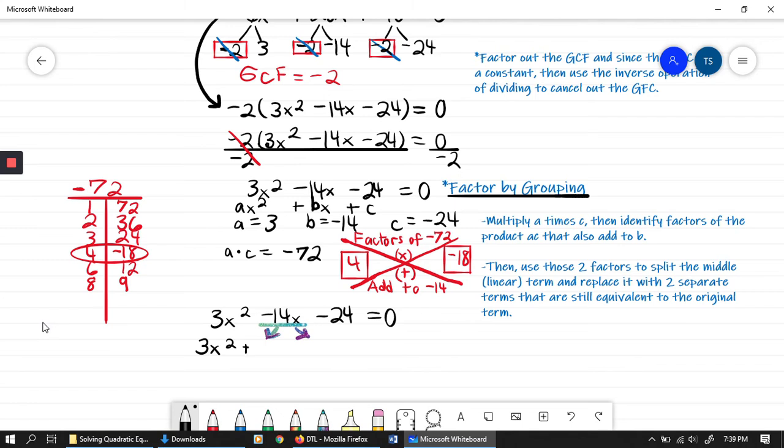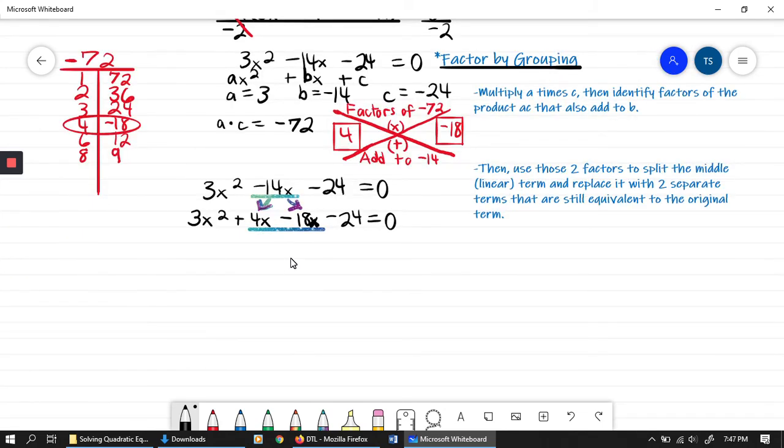So we're going to write it out as 4x, that's using the 4, and we're going to use that negative 18, minus 18x. So when we do that, this is still equivalent. Now that this is written with 4 terms, now we can factor by grouping.